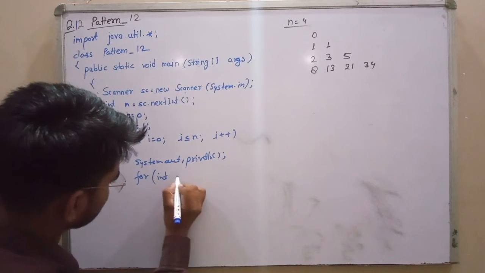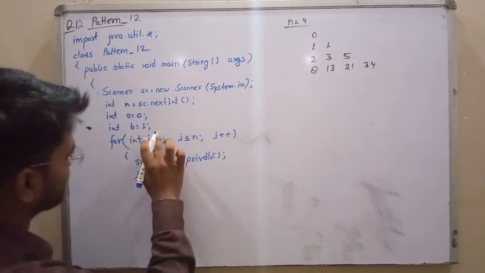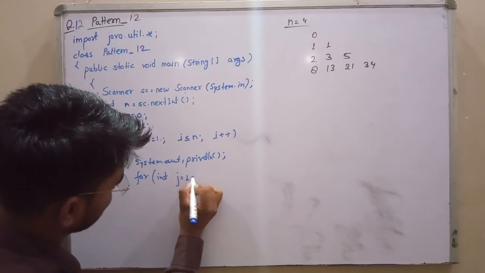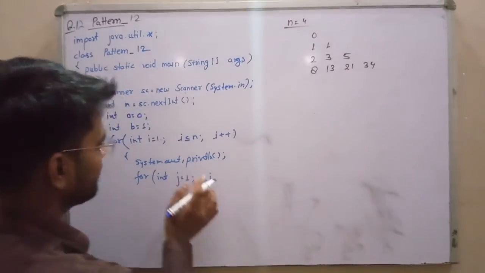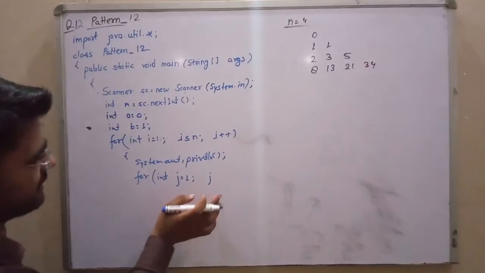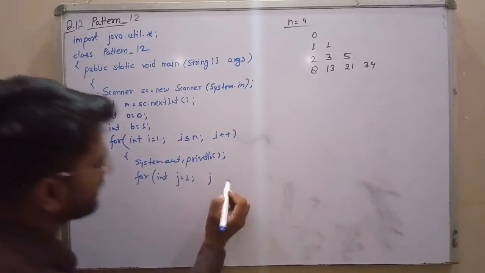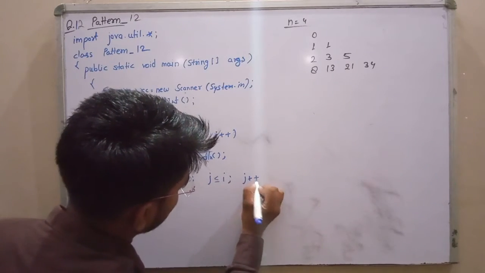Here initialize j with 1, and j is for the triangular. So in the first iteration it runs one time and in the second iteration 2 times. So basically it depends on i. So here j is less than equal to i and j plus plus.